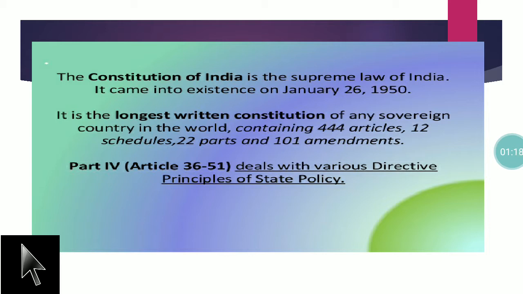Amendments means changes. Part 4 of the 22 parts has the directive principles, and the articles under these directive principles are from 36 to 51, dealing with the various directive principles of state policy.